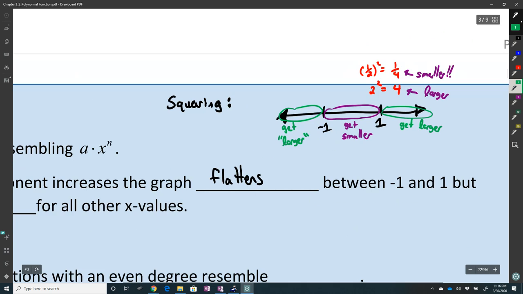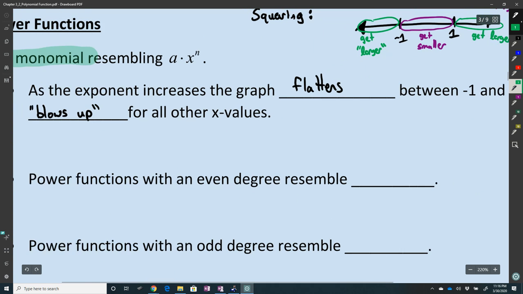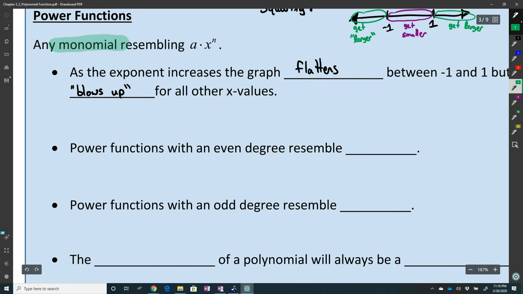All right, so that's what we're talking about. Anyway, power functions with an even degree resemble a parabola, or x squared, which again is a parabola. Power functions with an odd degree resemble x cubed, which again is this shape.